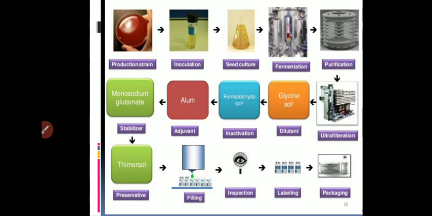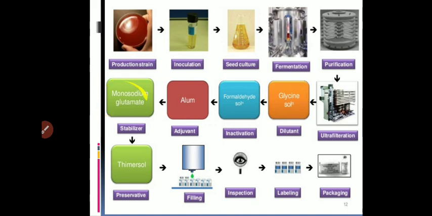Once our toxin is inactivated with the help of formaldehyde solution, we add different types of adjuvants like alum, and we also add different types of preservatives and stabilizers to increase the shelf life, such as monosodium glutamate.